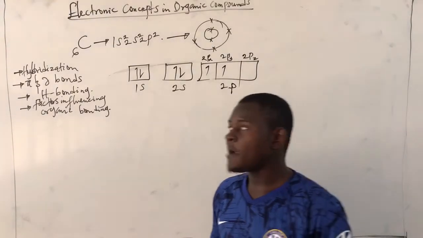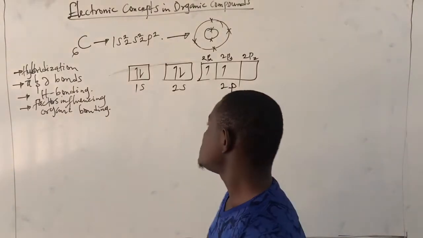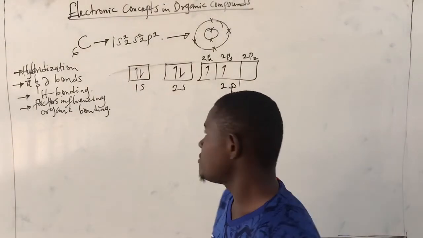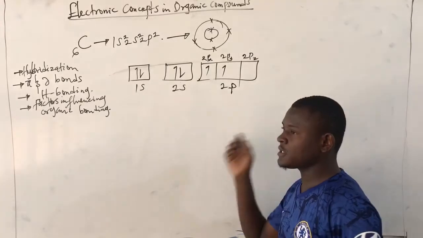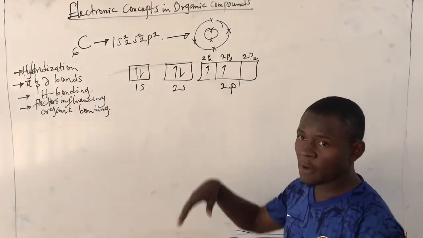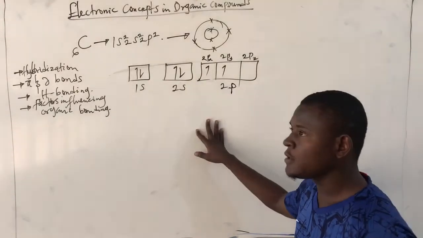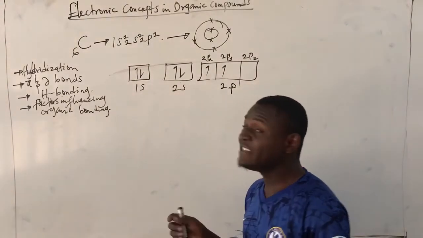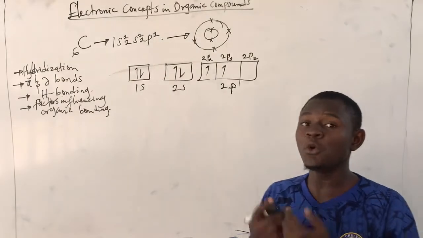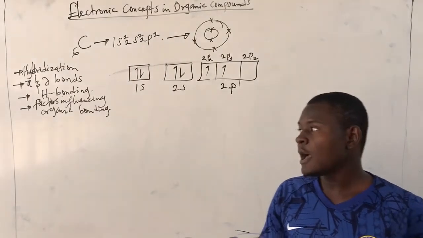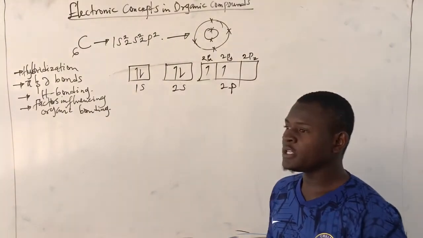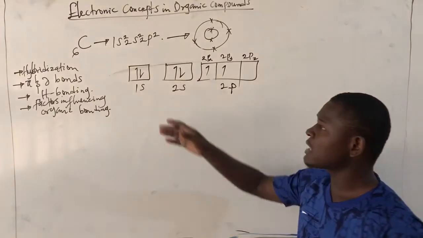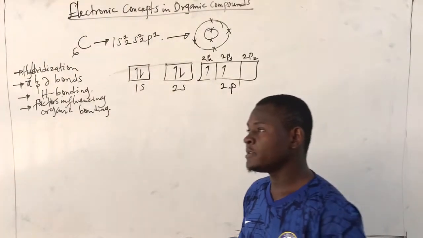So we say hybridization is defined as the mixing of 2 or more different orbitals, because it could be s, p, d orbitals. But for hydrocarbons, we'll only be looking at the s and p orbitals. The standard definition is that hybridization is the mixing of 2 or more different orbitals to produce new hybrid orbitals with the same energy and the same size. So it is only after you have done this that carbon can successfully bond with other elements.